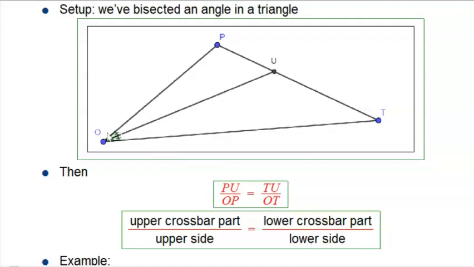If this ray from O towards U is halfway in between the OP side and the OT side, the way I think about it is, as if I'm walking along OU and I go further and further and further, I notice that side is getting further and further away, and PU is a certain measurement of how far I've gotten away from the OP side.